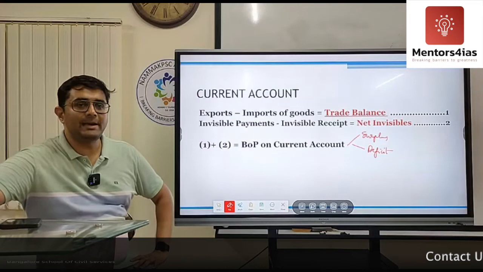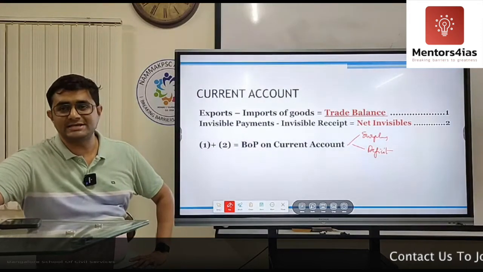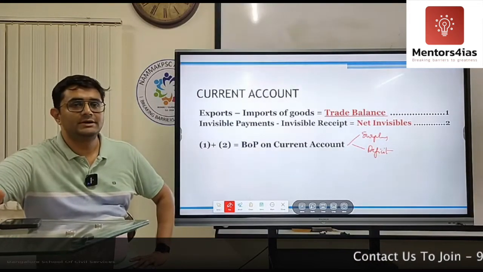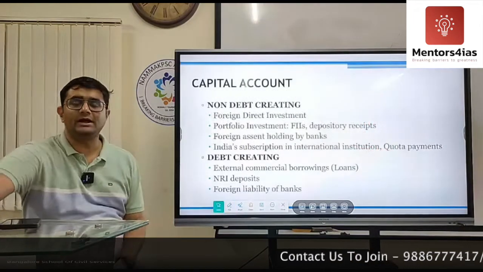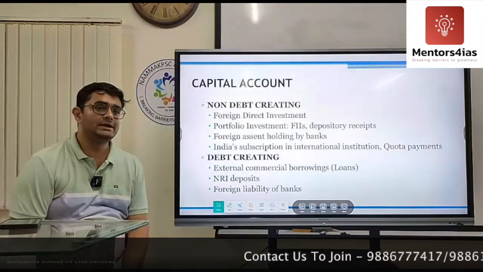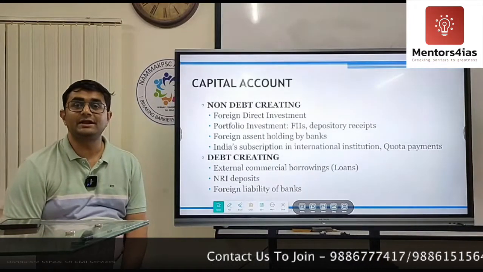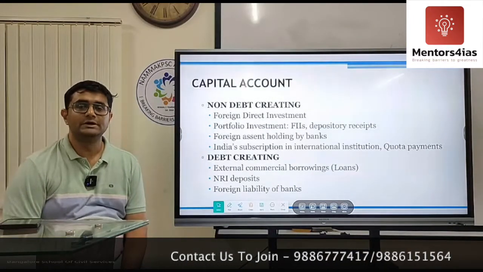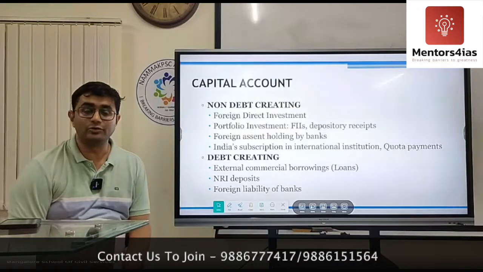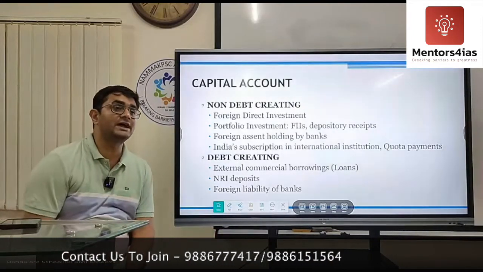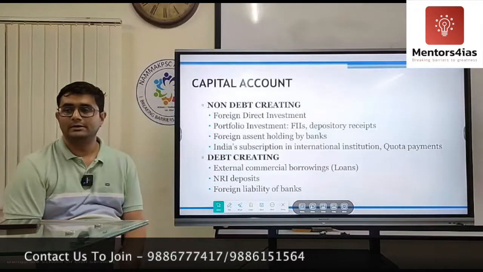Next is the capital account. Any transaction other than current will be recorded in the capital account. The capital account includes mainly investments and external commercial borrowings. Investments are non-debt creating: you don't have to repay them, the economy doesn't have to repay them.